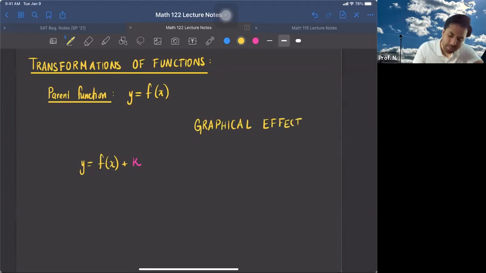This is the transformation, the actual transformation that's being applied. And this is the algebraic representation of a transformation.